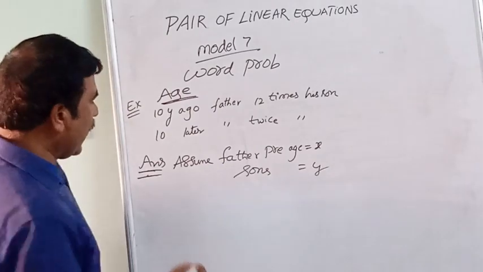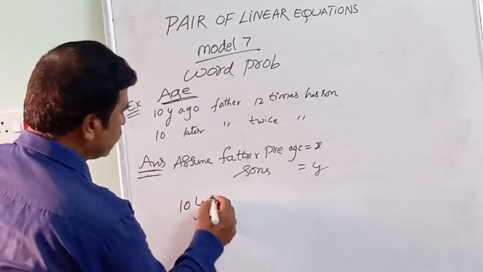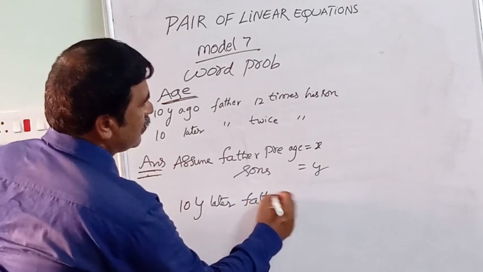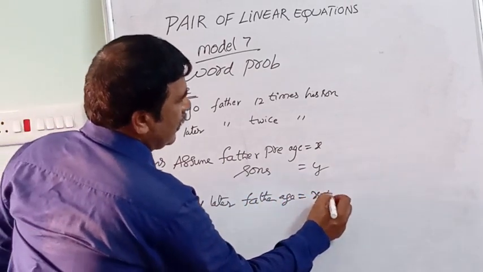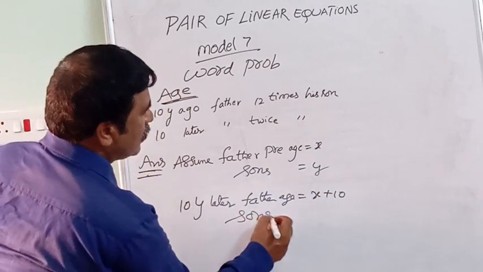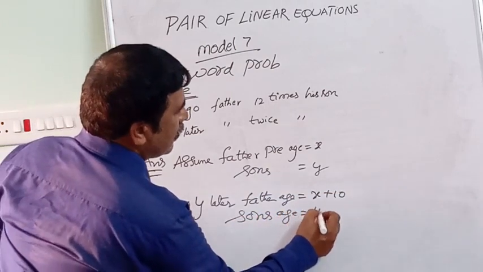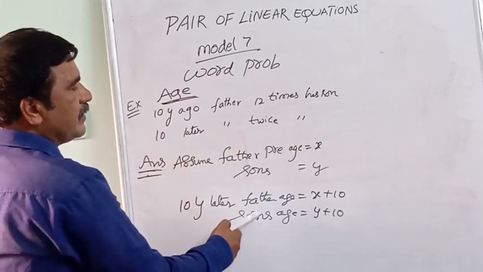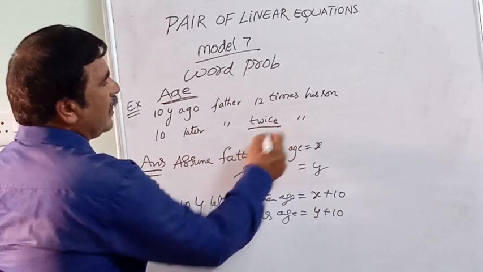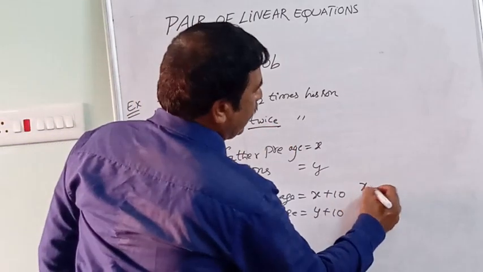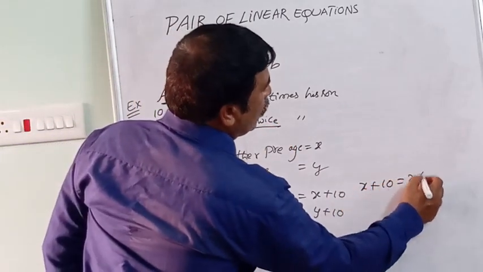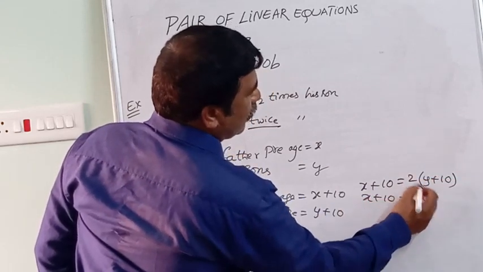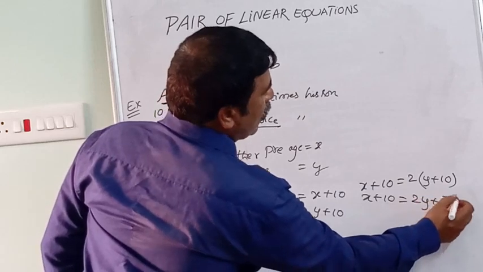Now 10 years later, father's age is x plus 10, son's age is y plus 10. Now use the statement. After writing their ages, then only use the statement. Twice means 2 times. Therefore, x plus 10 is equal to 2 times y plus 10. x plus 10 is equal to 2y plus 20.